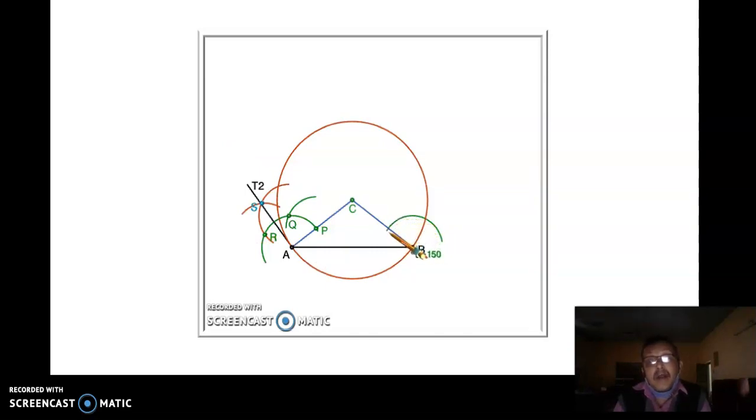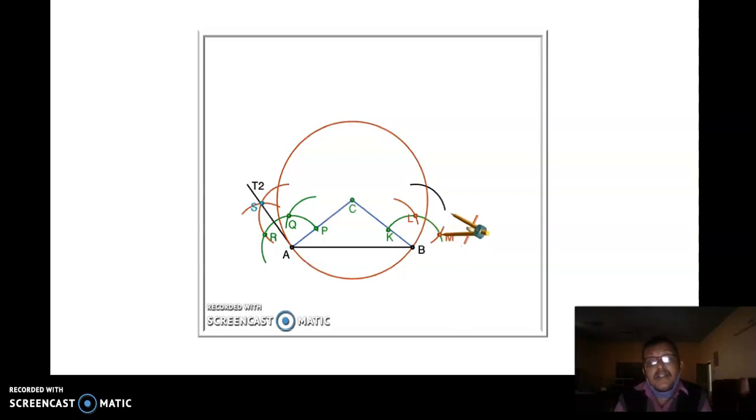Okay. Now similarly draw a semicircle at B. Let it cut BC at K. From K, draw an arc at L. Now with the same radius, draw an arc above the semicircle and on the semicircle. On the semicircle, let the point be M. Now from M, cut the above arc.